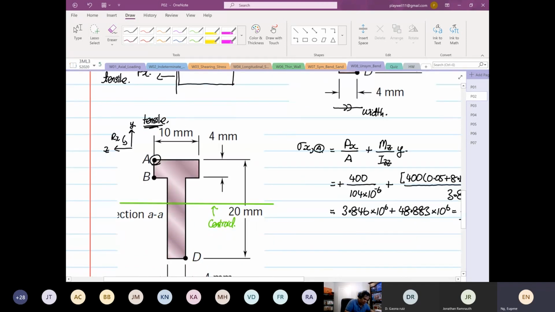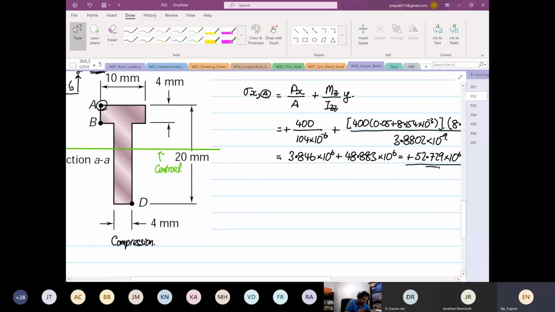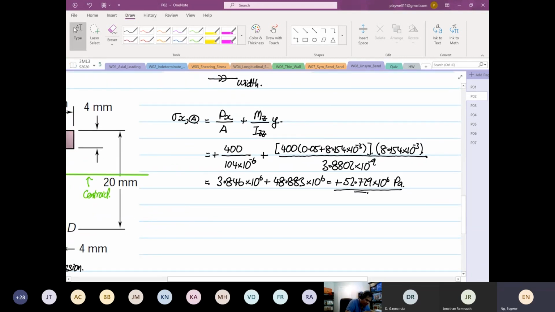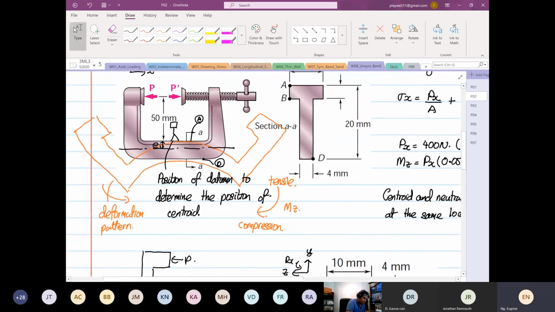The next one we're going to find at D, and at D the bending is going to be compressive. Before I go on, I want you to look at this, which is the part I need to elaborate. Remember, I told you to pick the datum from the top.